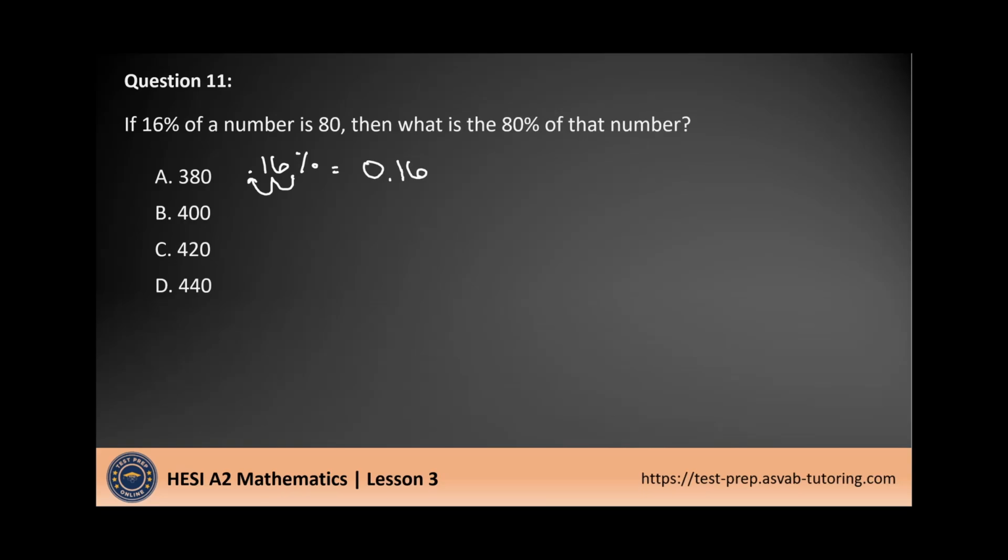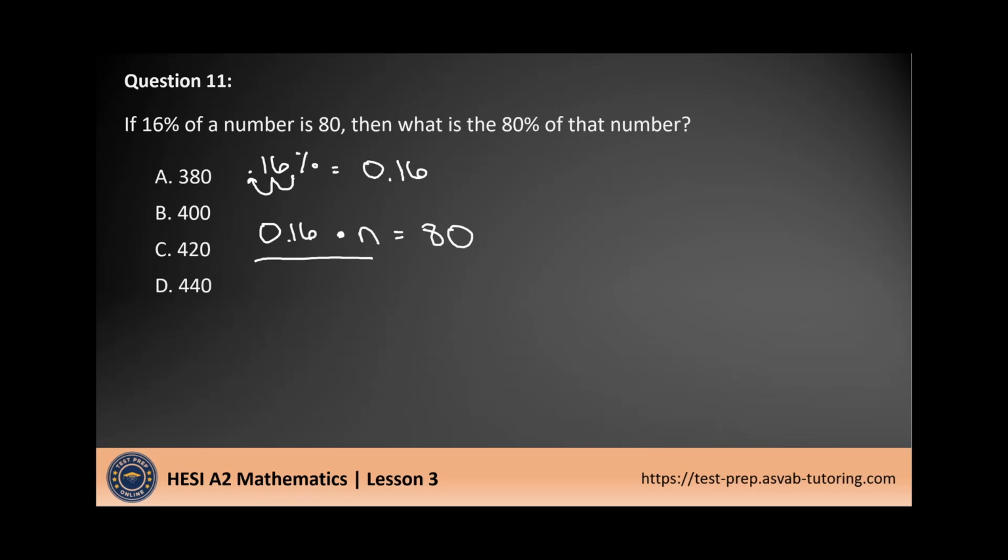We have 16% or 0.16 of, meaning multiplication, a number, we'll call that n for now, is means equals, and 80. We have 0.16 times n. We want to get n by itself, so remember before we used multiplication to cancel out division.